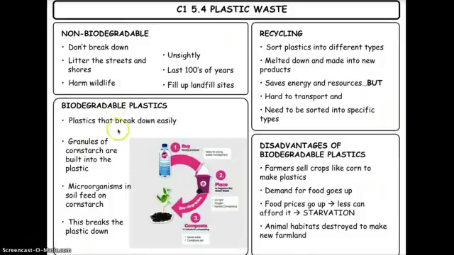So what we're trying to do now is find plastics that are biodegradable and can be broken down more easily. But again, it's one of these topics where you have to think about the downsides to this. So think about food crops being replaced by other types of crops and so on. Have a look at these. It's likely to come up in a 6-mark question again.